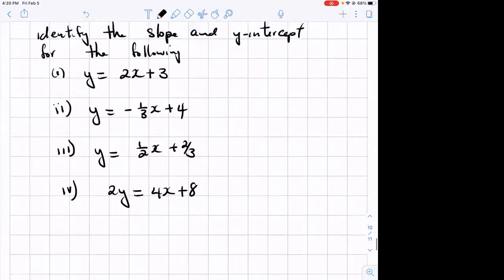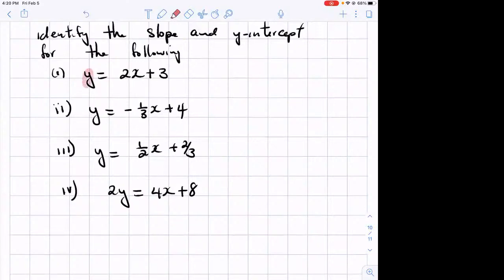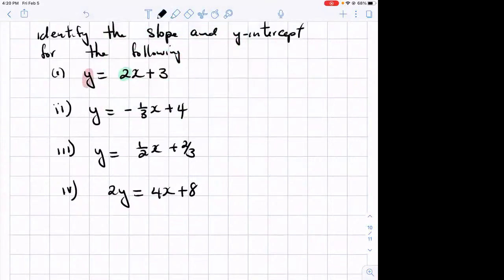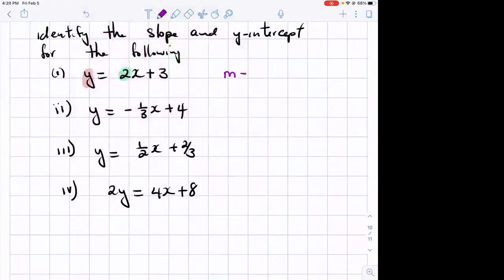Now, you will notice in the first equation, okay, y is by itself. So the number next to the x is the slope. So we can say here that m is equal to 2. We can say the y-intercept is 0, 3. Okay? This here is my y-intercept. That's this value here.